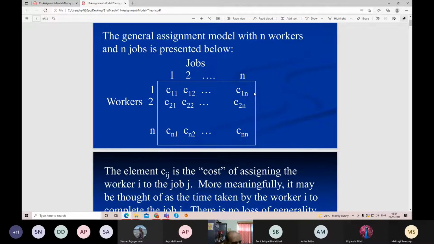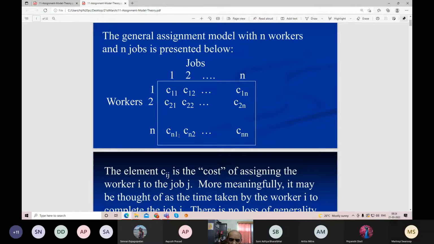Similarly, if you are subtracting a constant from the first column elements, the outcome will be C11 minus c, C21 minus c, C31 minus c, up to Cn1 minus c. If you subtract a constant, the solution of the assignment problem will not change.